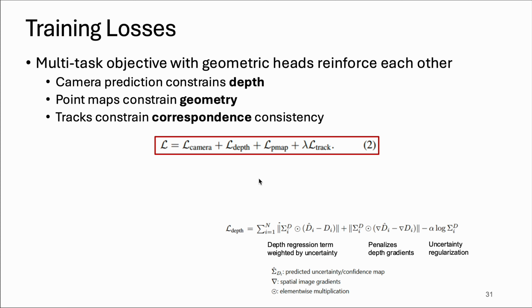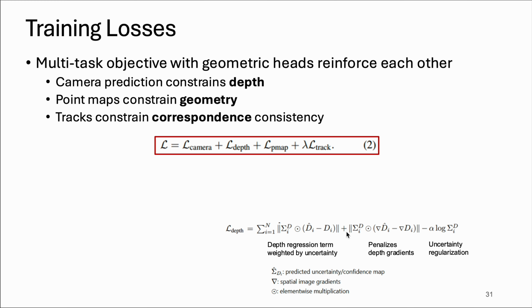The second term is depth. It's the difference between the predicted depth map and the ground truth depth map, and this difference is weighted by the uncertainty.